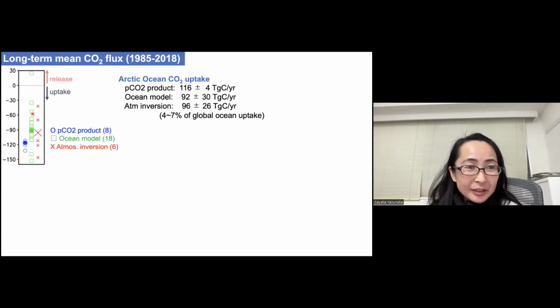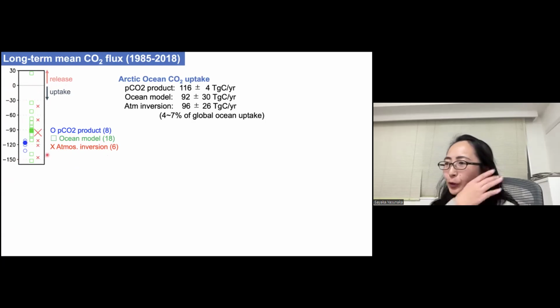Each mark is from each estimate, from the models, the pCO2 observation-based products, and the atmospheric inversions. Most of all estimates show CO2 uptake into the Arctic Ocean, and this number is about 4 to 7% of global ocean uptake.